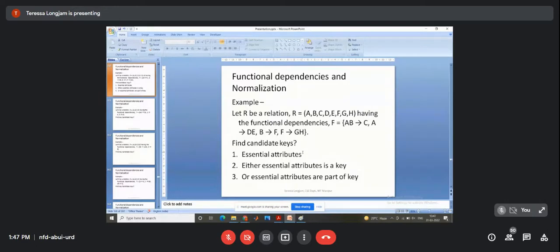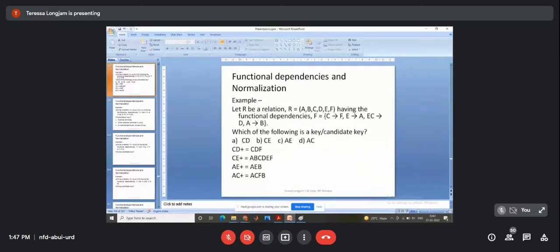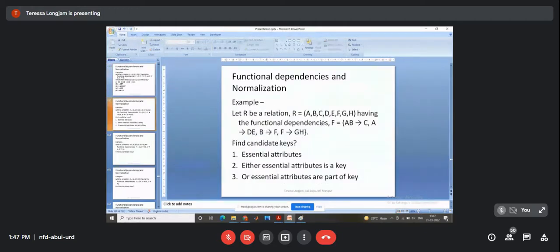In the previous example, some options were given, so by just determining the closure of those options we got the candidate key. But if no such options are given, then we have to determine the candidate key by using the functional dependencies.